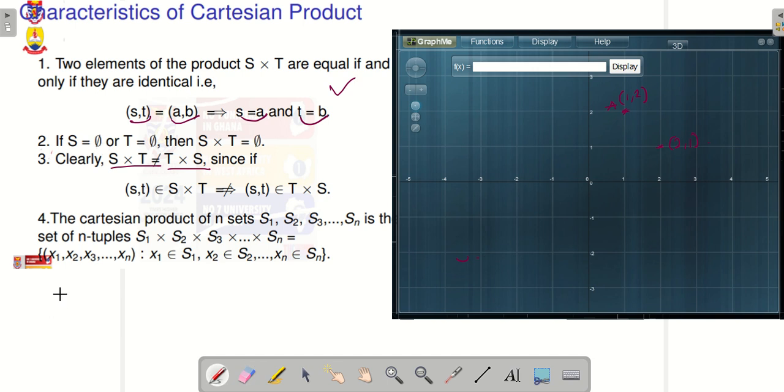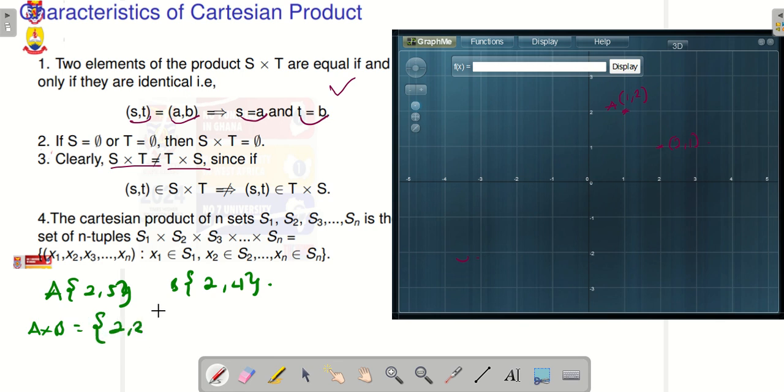If you have set A to be {2, 5}, and set B to be {2, 4}, our Cartesian product of A and B is going to be (2, 2) as one product.